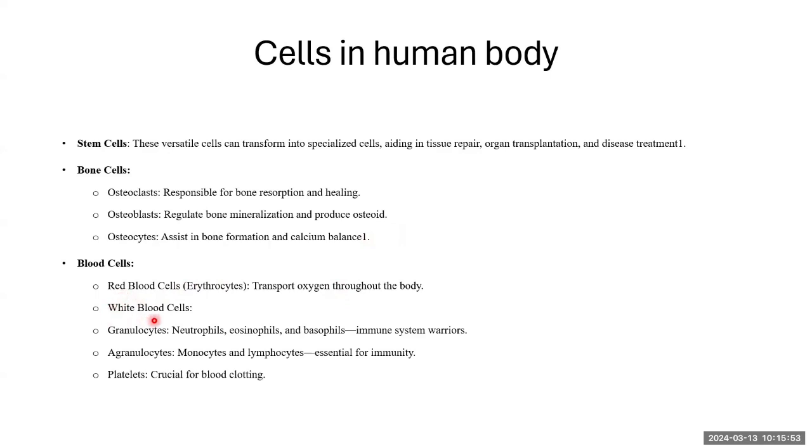Next are white blood cells. These are of two types, granulocytes and agranulocytes. There is a whole variety of them depending on the type of infection they are involved in and the type of function. Basically, these are neutrophils, eosinophils, basophils, monocytes, and lymphocytes.